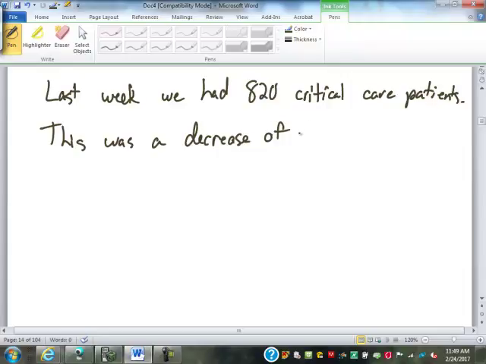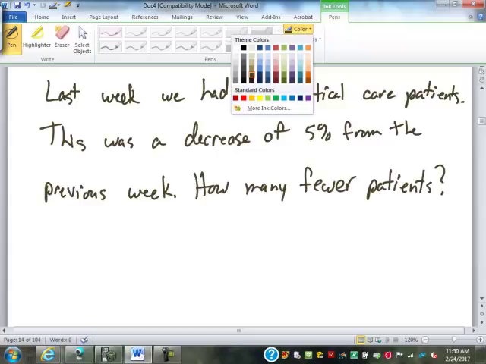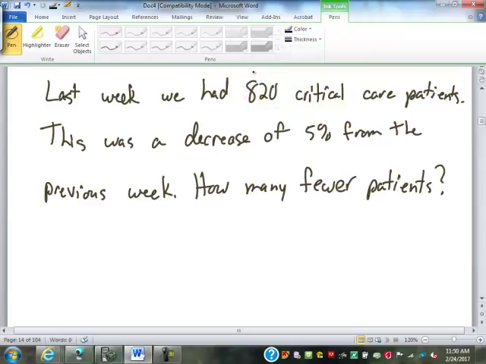Let's say this is a decrease of, we'll just go 5% from the previous week. How many fewer patients were there? How many less critical care patients are there this week compared to last week?